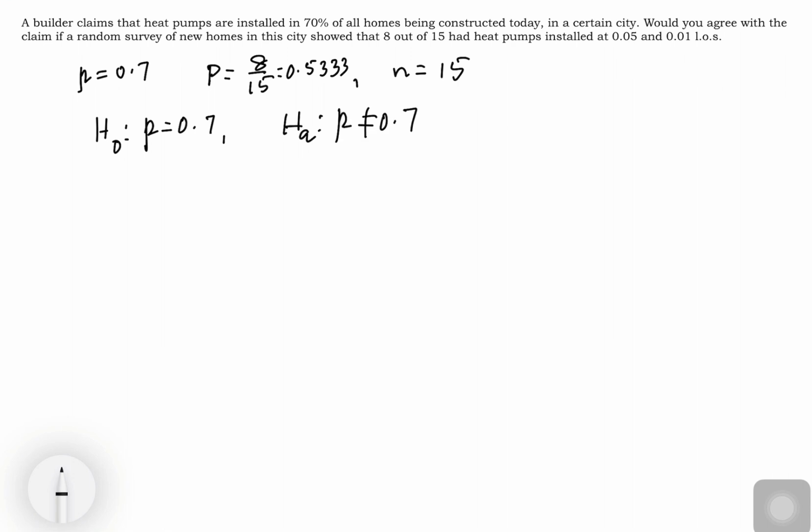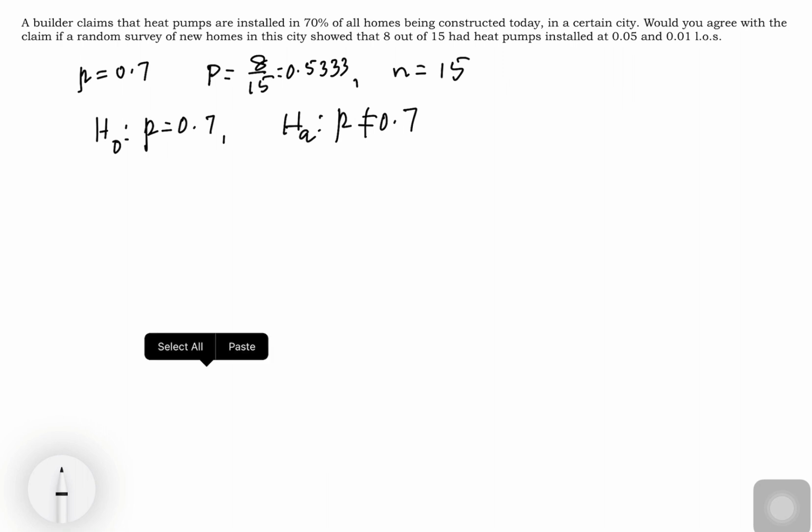So if the proportion of the population which has installed the heat pumps is not 0.7, then we can reject or accept the hypothesis.